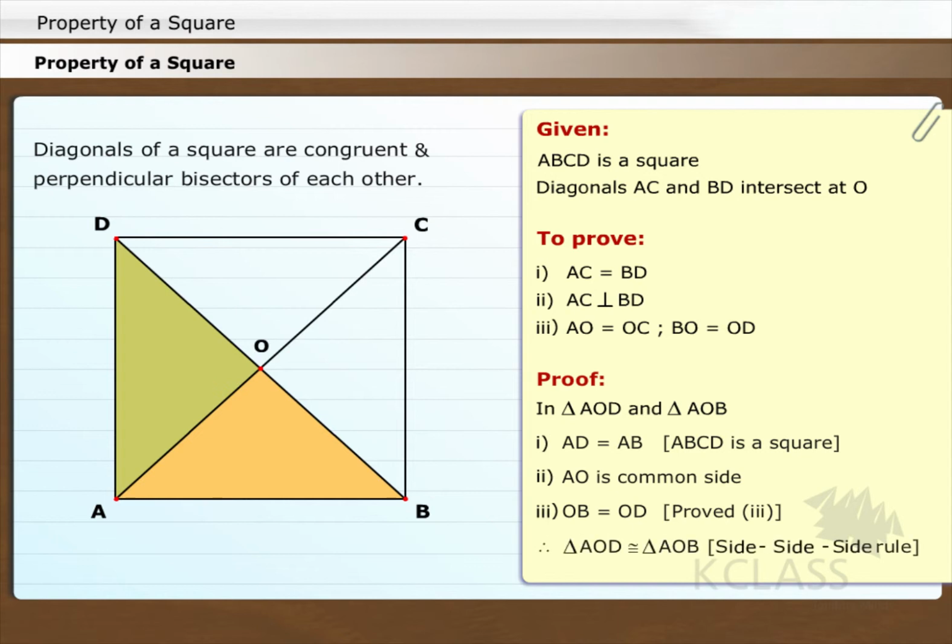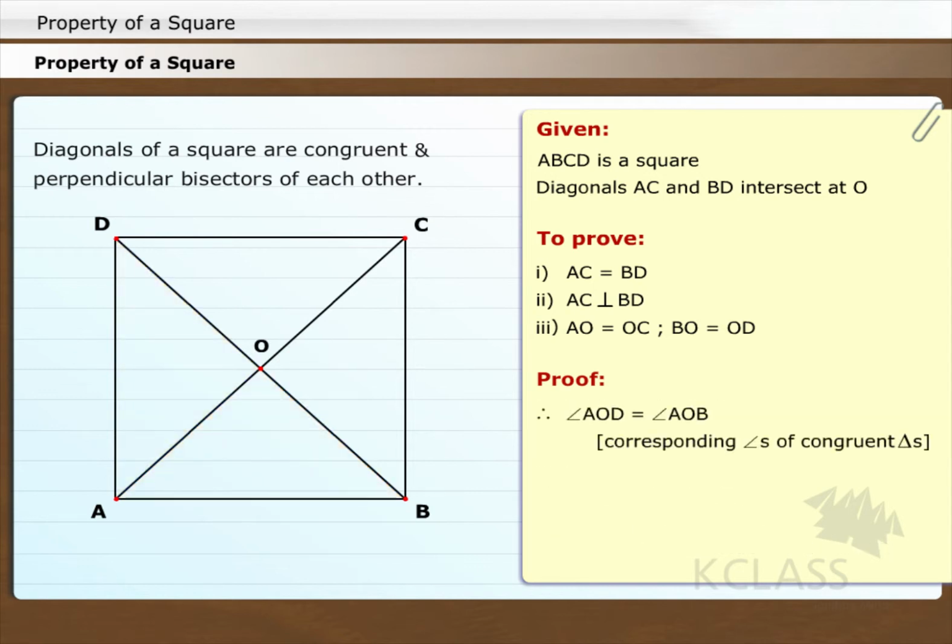Therefore, triangles AOD and AOB are congruent by side-side-side rule. Therefore, angle AOD is equal to angle AOB, as they are corresponding angles of congruent triangles.